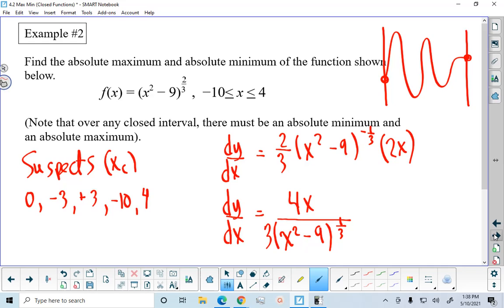So one of these is going to correspond to an absolute maximum and one is going to correspond to an absolute minimum. We just need to find the y coordinates for each of those points. Whichever y coordinate is the largest will be the maximum value of the function. Whichever is the smallest will be the minimum. So I'm going to use my graphing calculator here.